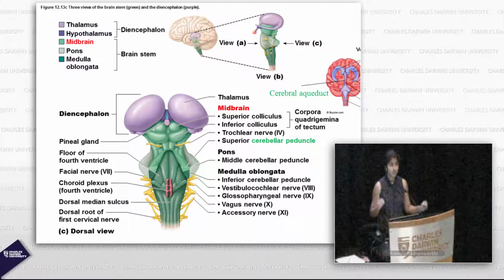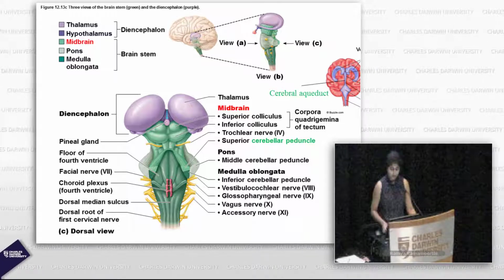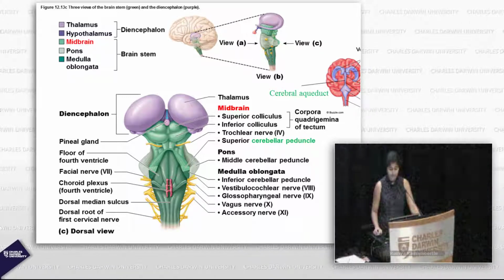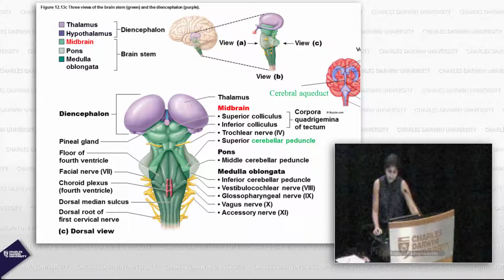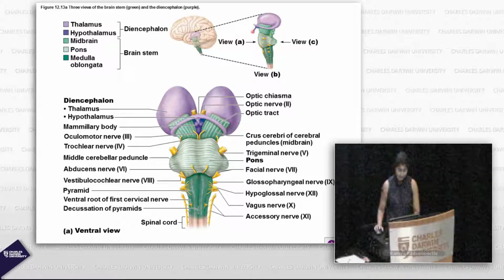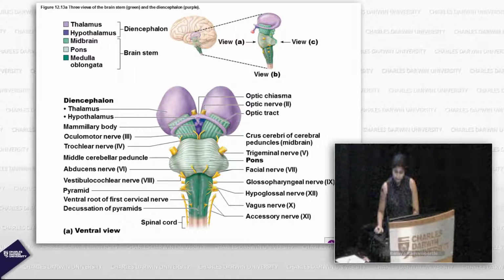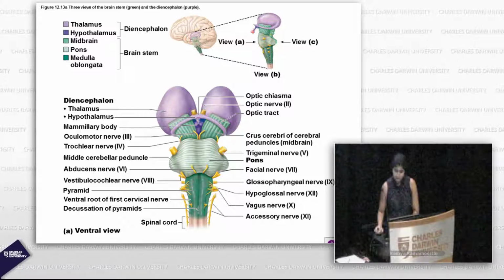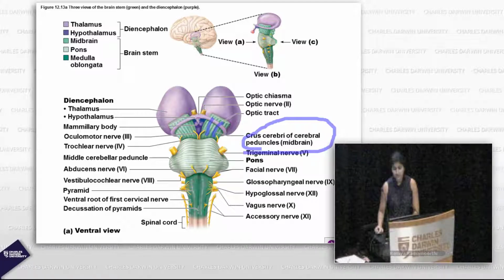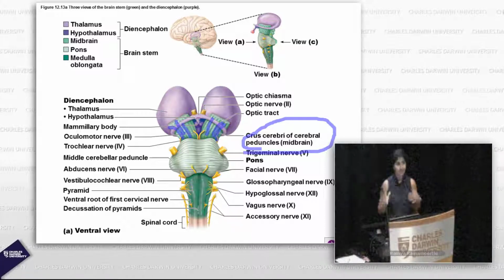When you talk about the midbrain, there are a few important structures that you need to remember. The first and foremost is the cerebral aqueduct. The cerebral peduncles act like pillars to support your cerebrum above.